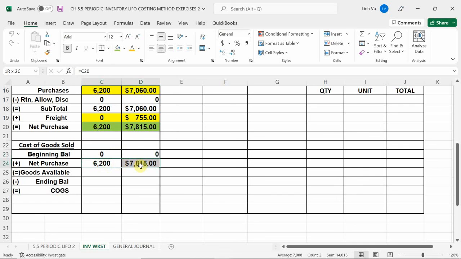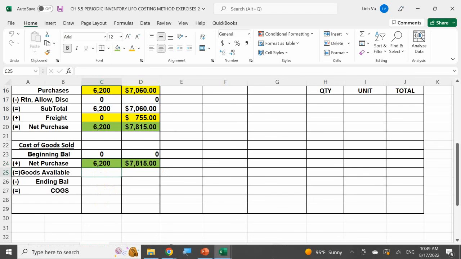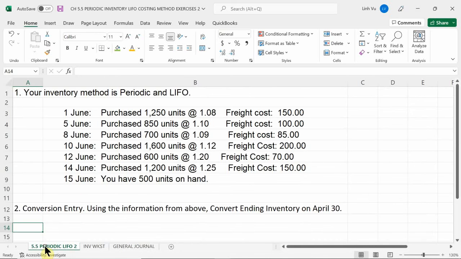Okay. Here we go. So therefore, my total goods available is going to be whatever my net purchases is, because I didn't have any beginning inventory. Okay, so let's take a look. How much should I have at the end of June 15? On June 15, you're supposed to have a grand total of 500 units.